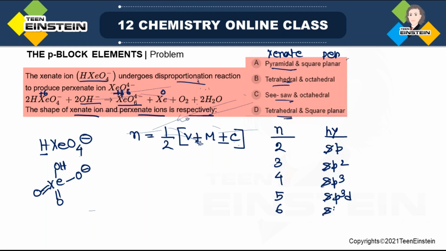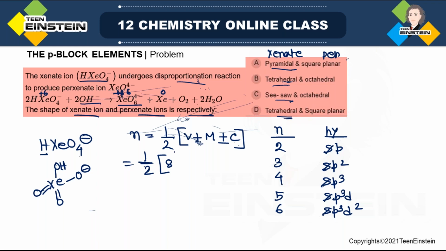If it is 6, sp3d2. In this way we can understand the hybridization, and once you know the hybridization, the shape we can easily understand. So here the valence electrons for the central atom, xenon, is 8, that is 2 plus 6, you have to consider a total of 8.